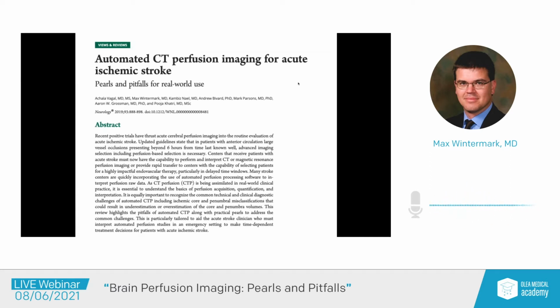And as a result, in those situations, the automated software may not work exactly as expected. And then it's important to recognize those pitfalls, because then it allows the radiologist to troubleshoot basically and to take the appropriate step to still get the information that is needed for optimal patient care.